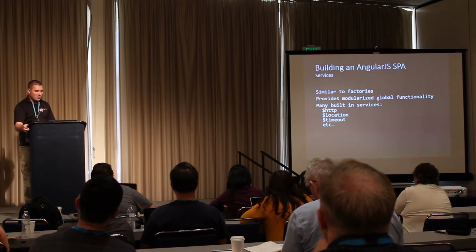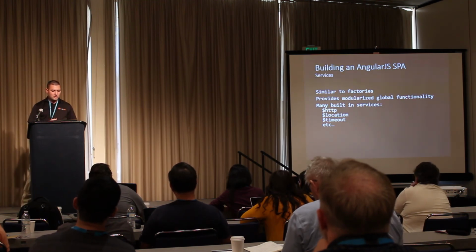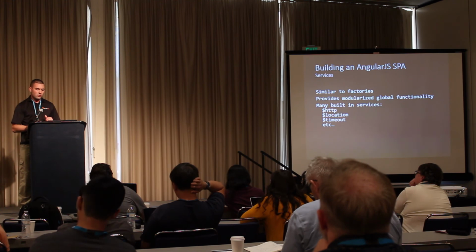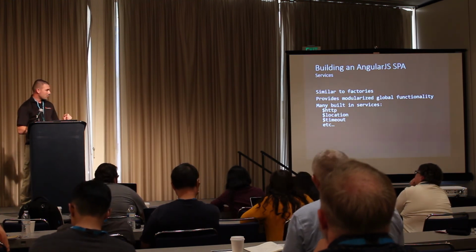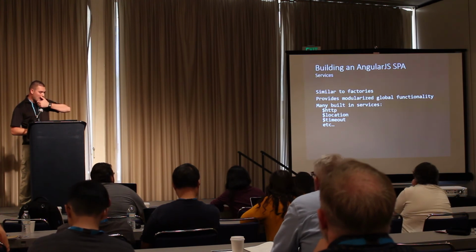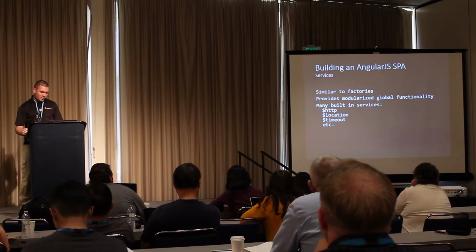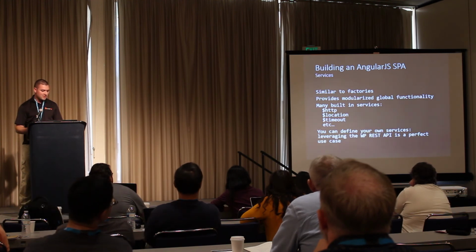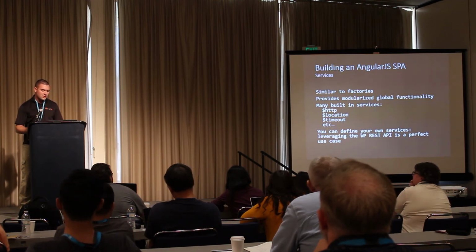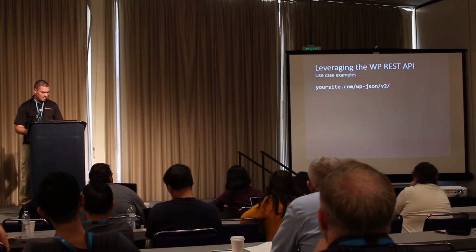Built-in services would be $http, $location. We already saw $window. We saw $scope and $rootScope would be different. That would be a model of services. And then $q for the async would also be a service. You can define your own services, and again, that's a really good way to leverage the WordPress REST API.